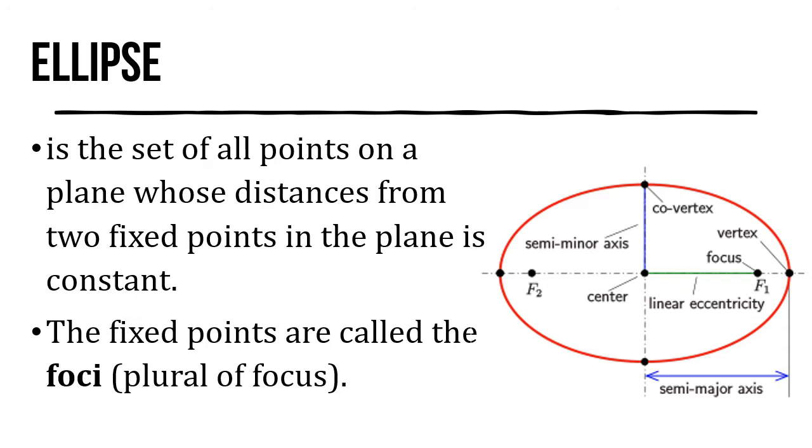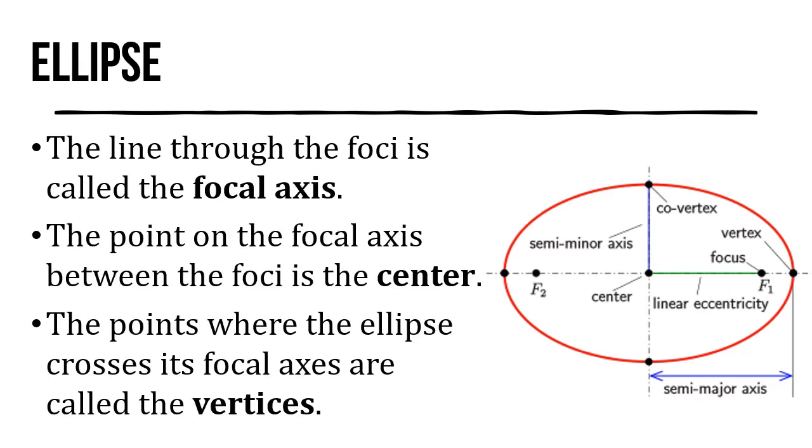So take a look at the figure. We have F sub 1 and F sub 2. Those are the two foci. The line through the foci is called the focal axis. The point on the focal axis between the foci is the center.